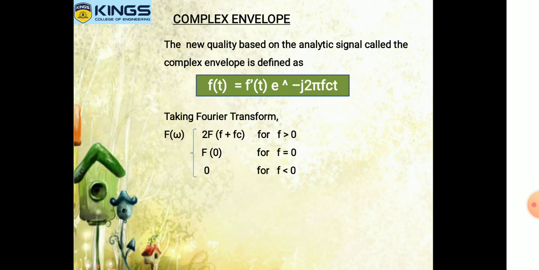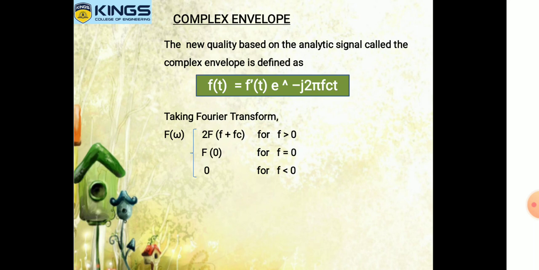Next one is complex envelope. The new quantity based on the analytic signal is called the complex envelope. It is defined as fp of t is equal to f tilde of t into e power minus j 2 pi fc t.